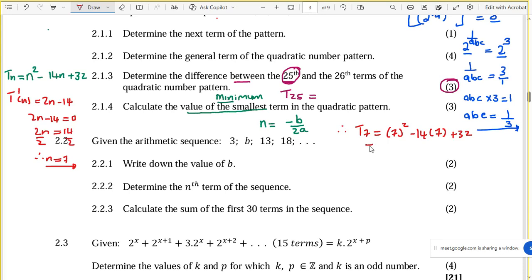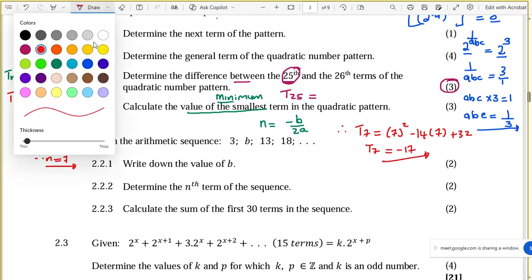What do you get when you find that? What is term number 7? Negative 17. You got negative 17, and that's correct.